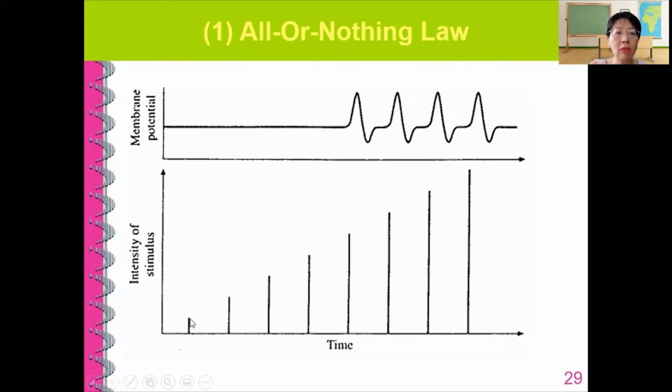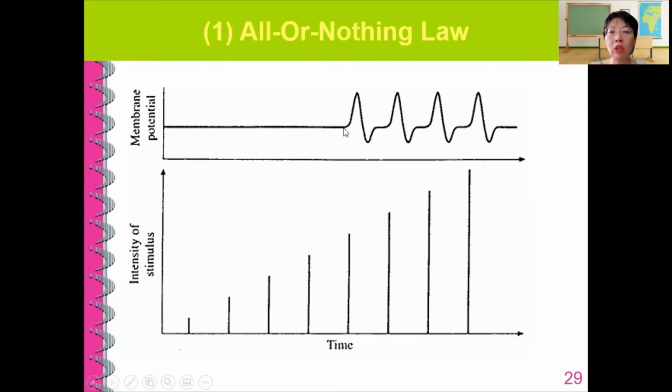So there are sounds that come to your ear, but the intensity of the sound is below the threshold, so your stimulus also has a threshold intensity. When the sound is below a certain loudness, below a certain threshold intensity, we will not be able to hear it, because there's no action potential generated along the neuron to send the message to the brain.